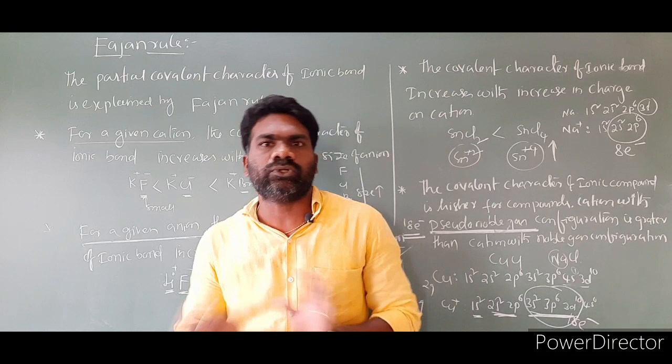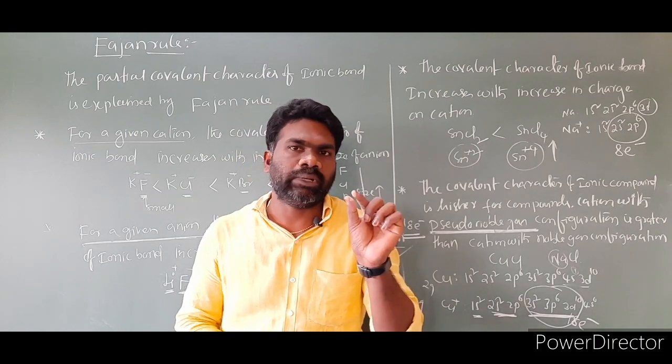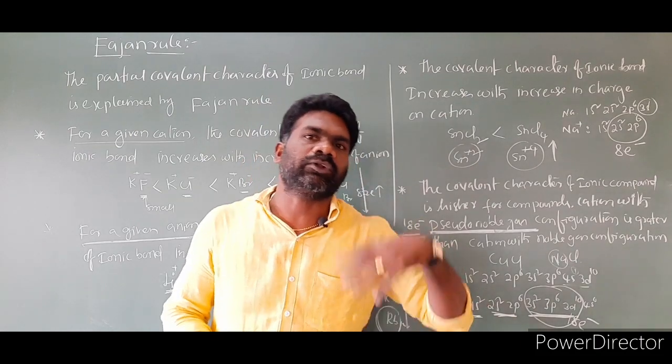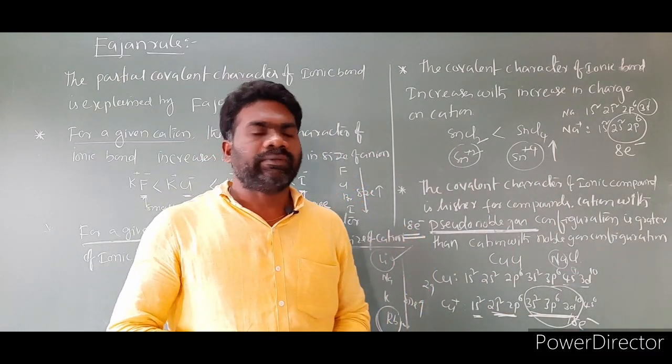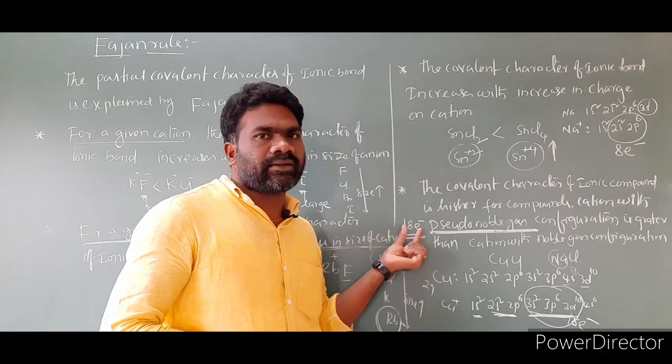Noble gas configuration versus pseudo noble gas configuration, don't confuse them. Noble gas configuration has 8 electrons in the outermost energy level. Pseudo noble gas configuration means the outermost energy level must have 18 electrons. That is the difference.